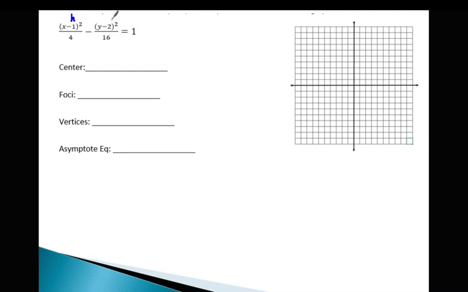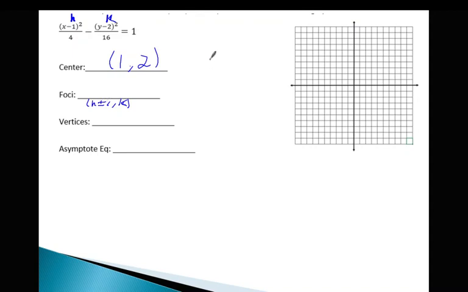So this is h, this is k. So my center's at 1, 2. Now, my foci from the formula chart are h plus or minus c, comma, k.